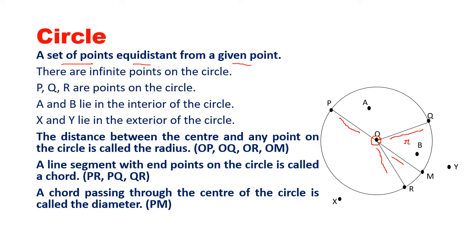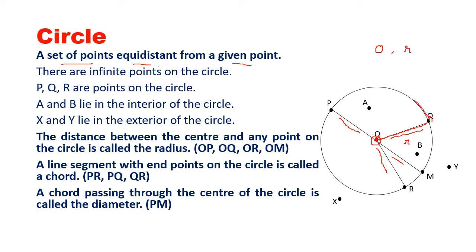So what we have got? We have got a given point O and a given distance r, which is called the radius of the circle. So if you fix this point O and fix this distance, then when you trace this point, what will you get? A circle.